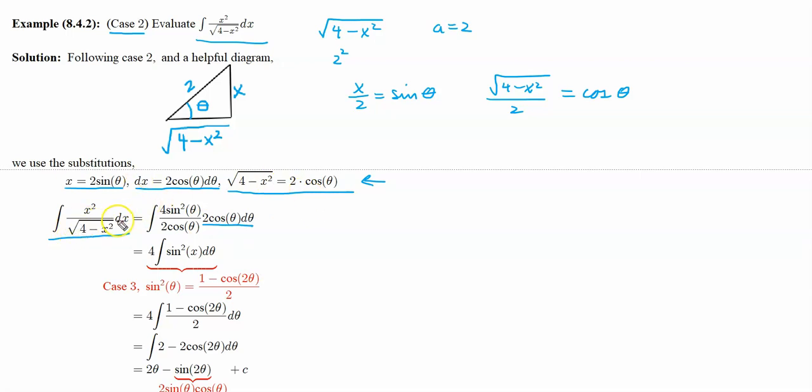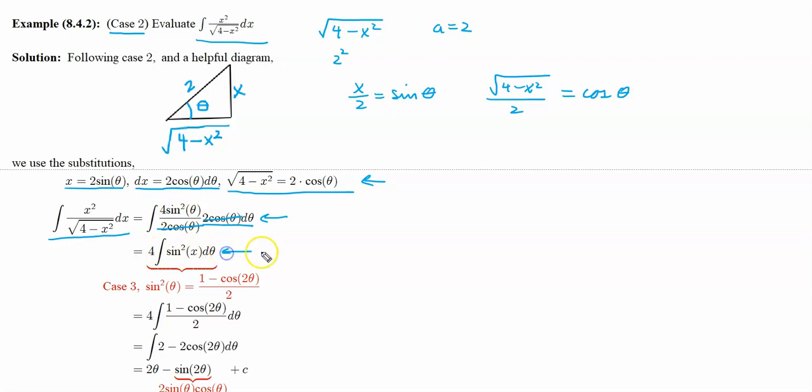The square root becomes 2 cosine theta, so right there it is. And now at this point we can simplify and evaluate this integral using the cases of powers of sines and cosines. Now you notice that here these two nicely cancel. Okay, so we end up with the integral of 4 sine squared theta d theta.